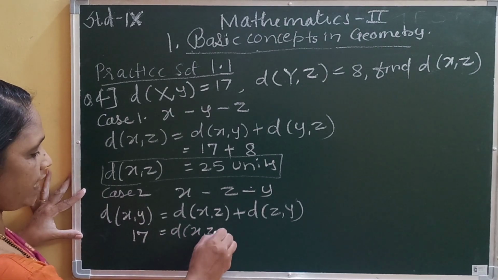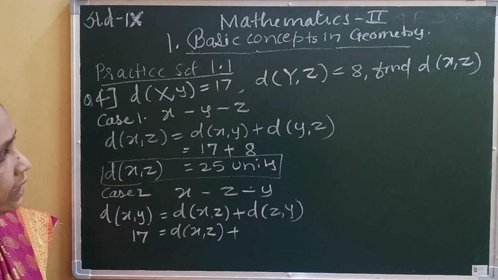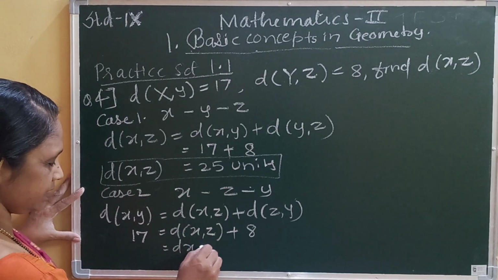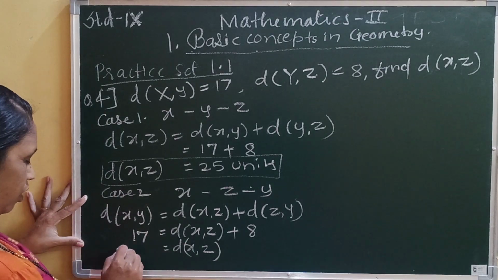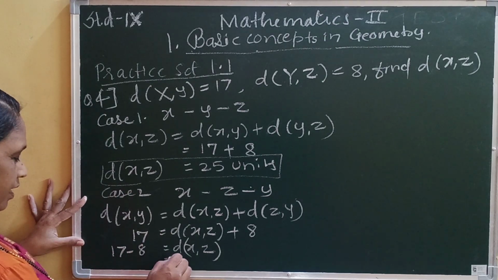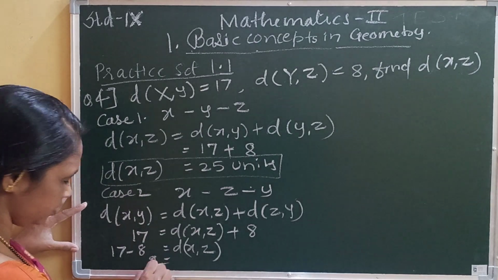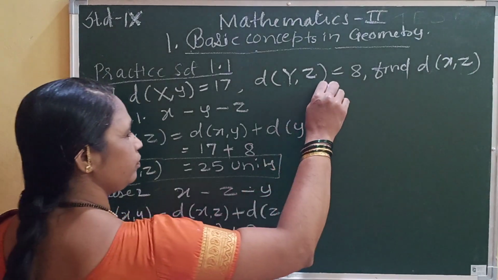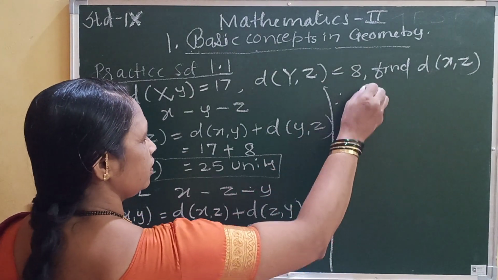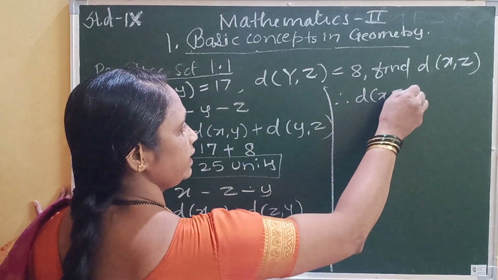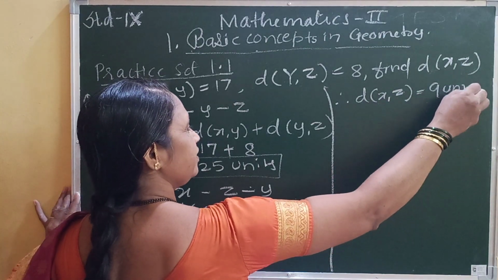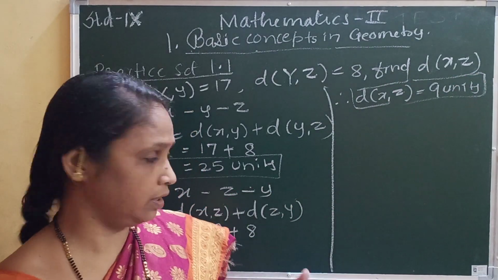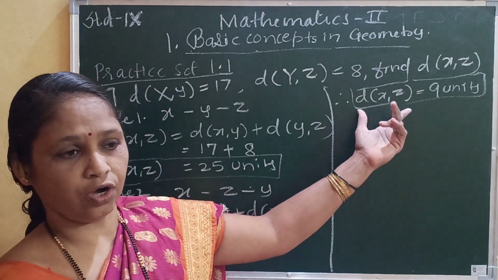So distance XZ plus distance ZY, where ZY is given as 8. So distance XZ will be equal to 17 minus 8, and 17 minus 8 will be 9. Distance XZ will be 9. So I will write here, therefore distance XZ is equal to 9 units. This is the second condition, and this condition is also possible. Either this condition will be there or the other.